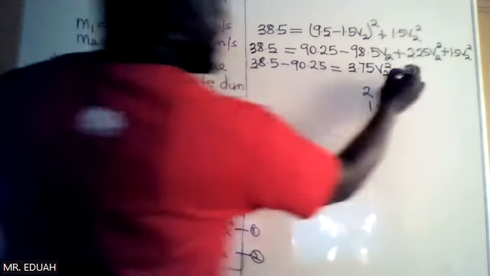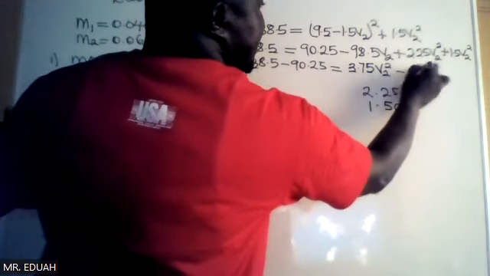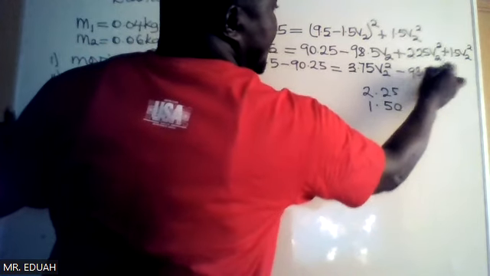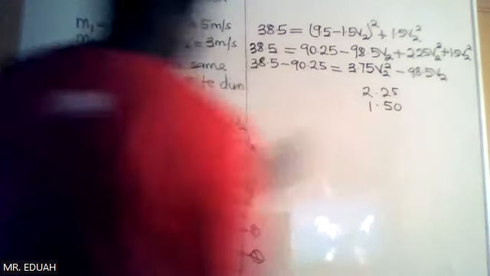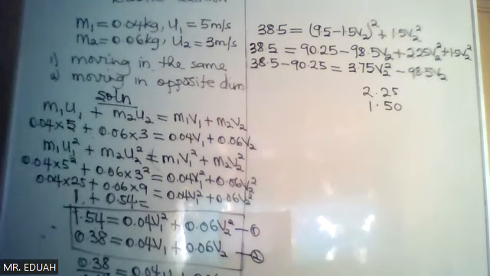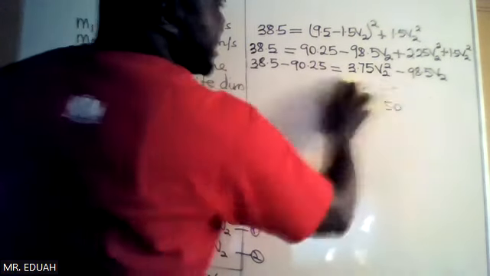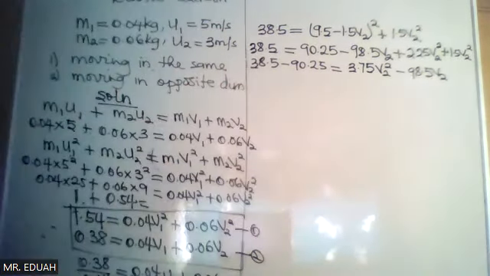Then the minus 98.5 V2. When you are doing this, please open your eyes, because if you are not careful, you get it wrong.